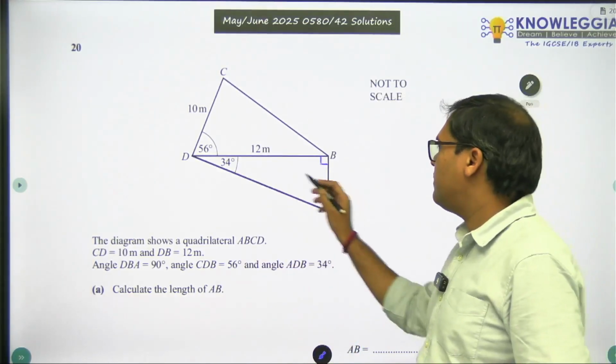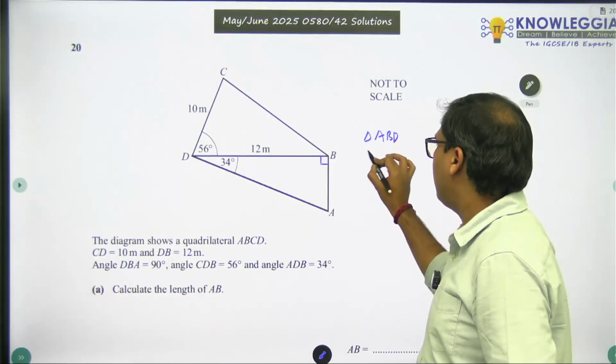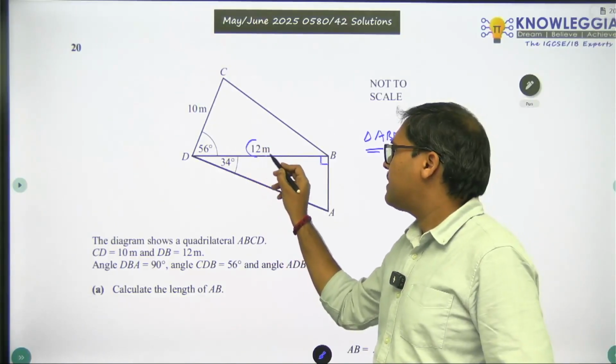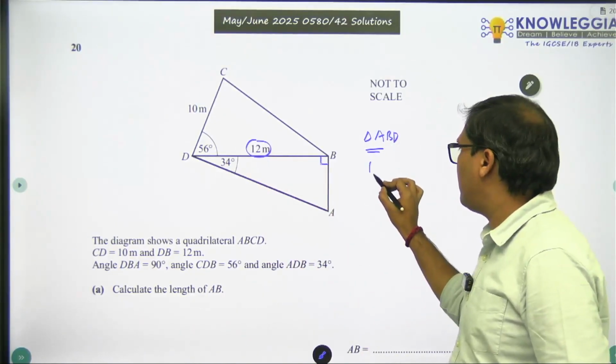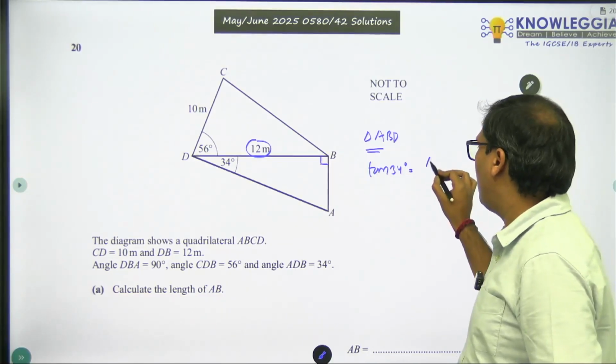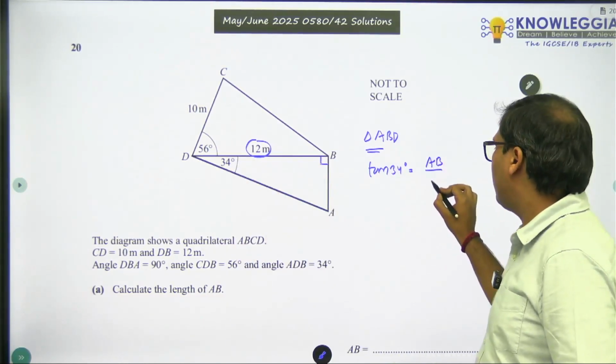So this one is pretty easy because in triangle ABD, this is a right angle triangle, and in right angle triangle this is adjacent side and this is opposite side. So I can apply tan 34 degree. Tan 34 degree is equal to opposite side, that is AB, upon adjacent side, which is equal to 12.